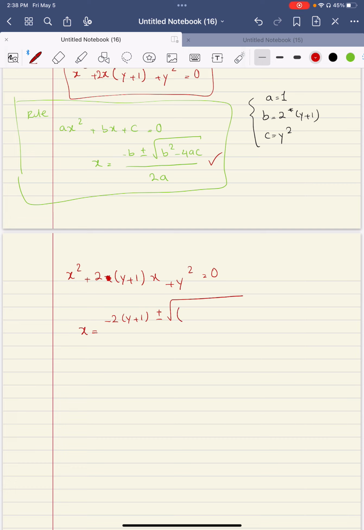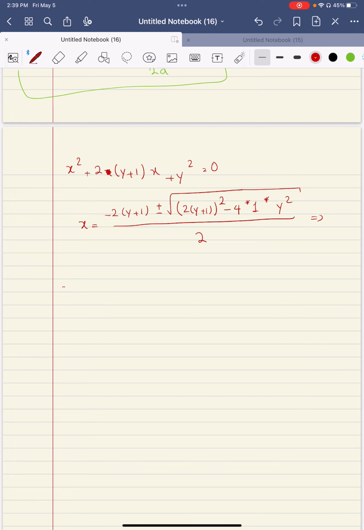So it would be 2y plus 1 to the power of 2 minus 4 times a times c. So it would be minus 4 times 1 times c, or y squared, over 2a, or 2 times 1.